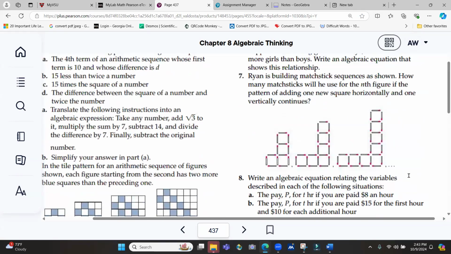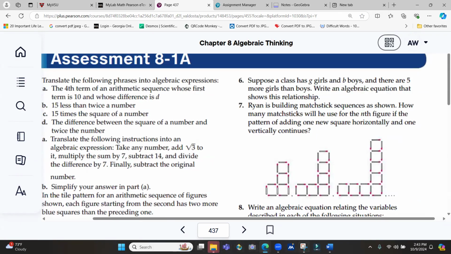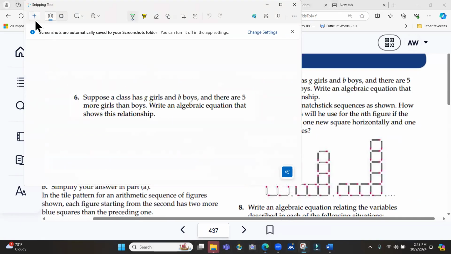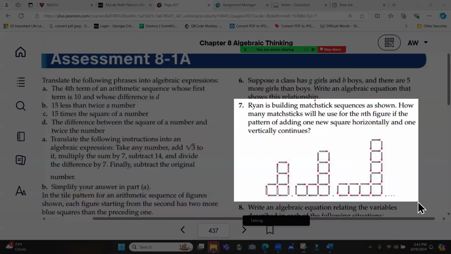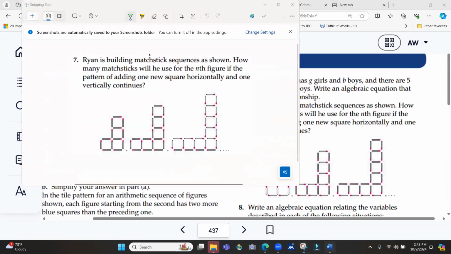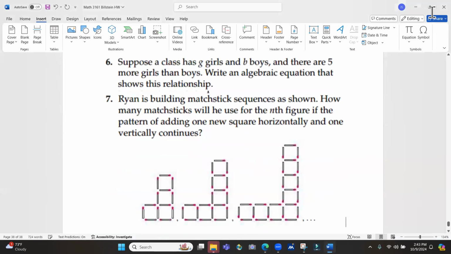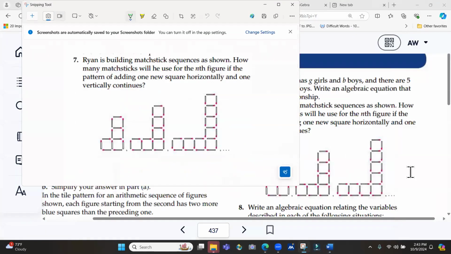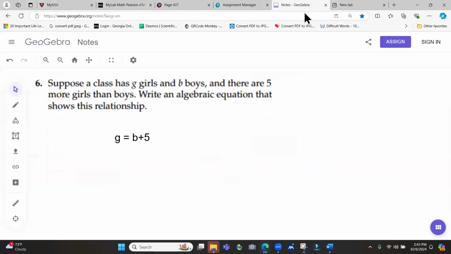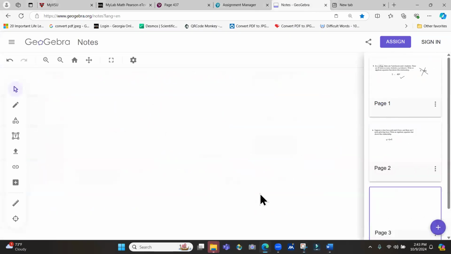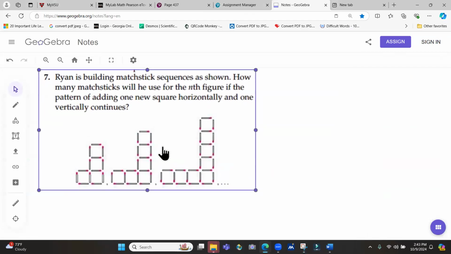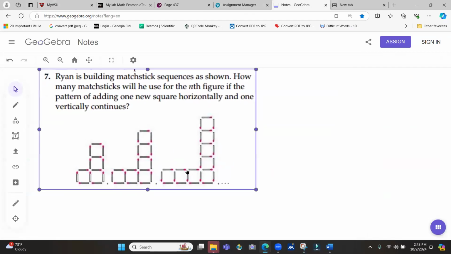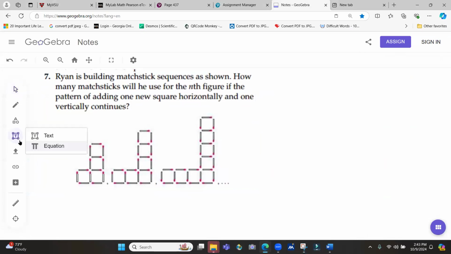So let's do number 7. We need a lot of room for number 7. We have done a problem similar to this. Again, when you see these, you ideally want to label.